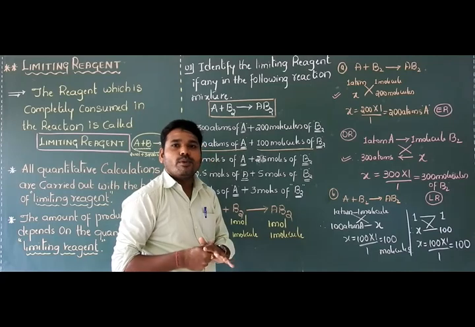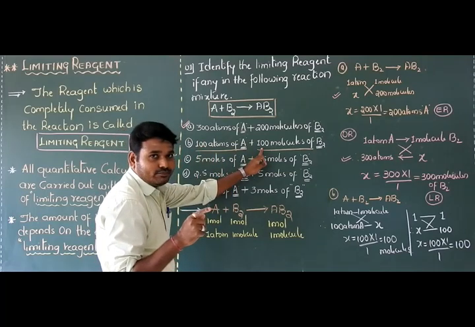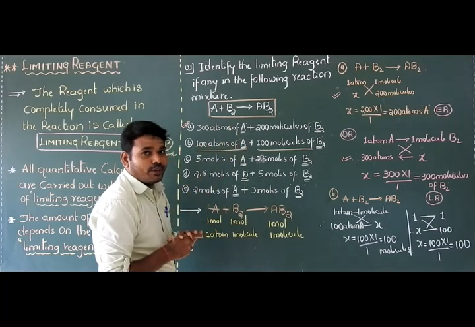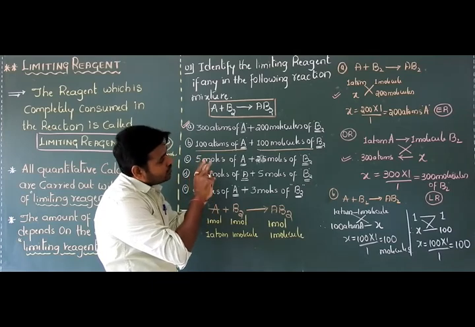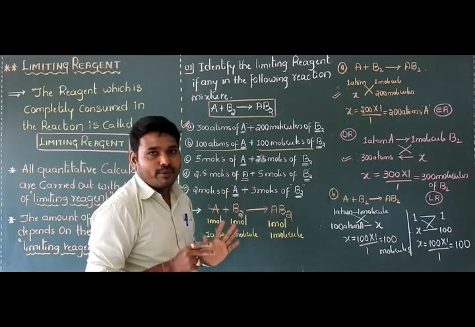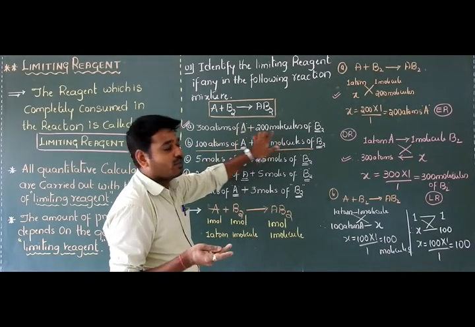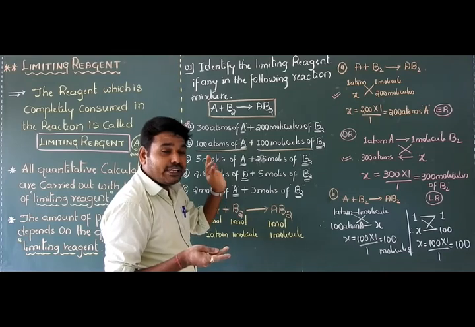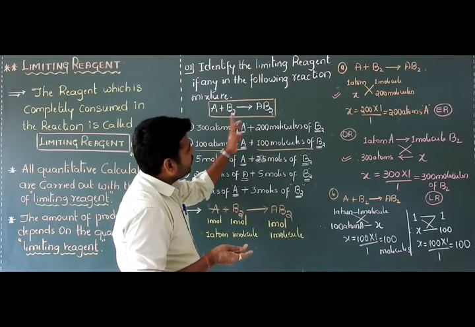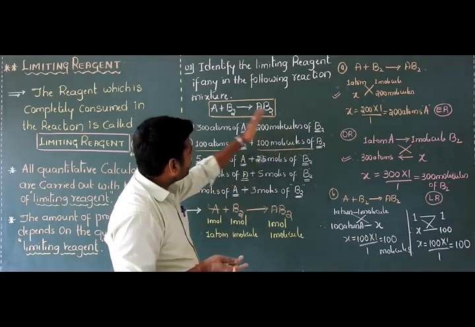Is there any doubt in this problem? Don't get confused. The quantities are already given here: 100 atoms of A and 100 molecules of B2, 300 atoms of A and 200 molecules of B2 are the given quantities. But we can identify the limiting and excess reagents only when you use one of them and calculate the other. To identify the limiting reagent, take any one substance and calculate the other. Either you take the number of atoms and calculate the number of molecules, or use the number of molecules and calculate the number of atoms.